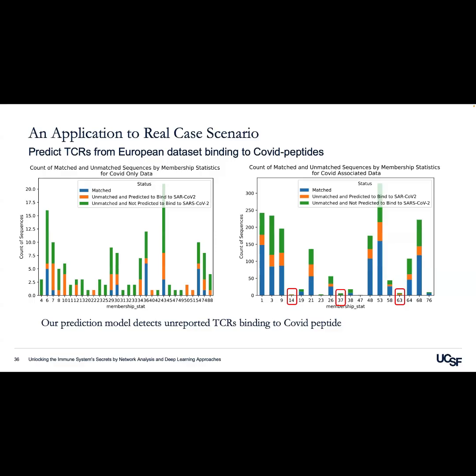The three of them I highlight here, remember this was 0% matching. Now we were able to identify some of those TCRs in the small clusters. They actually had SARS-CoV-2 epitope specificity.